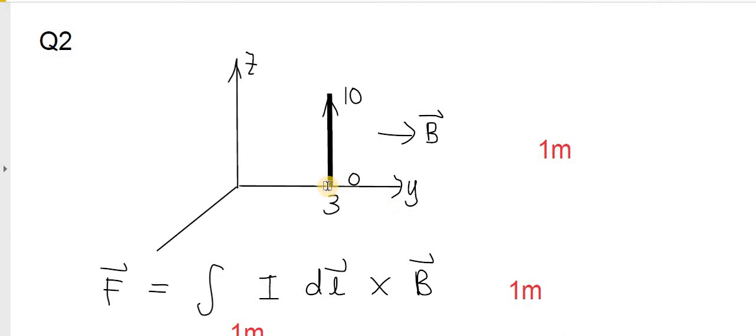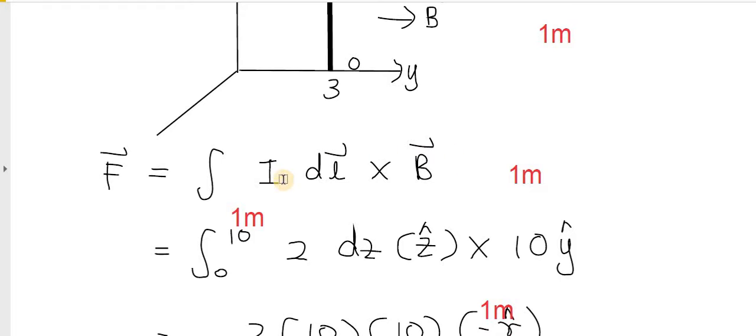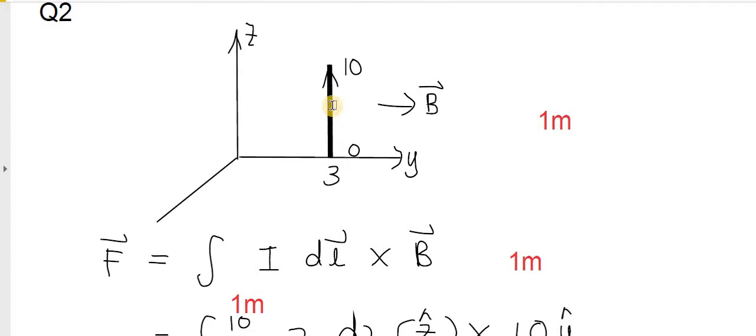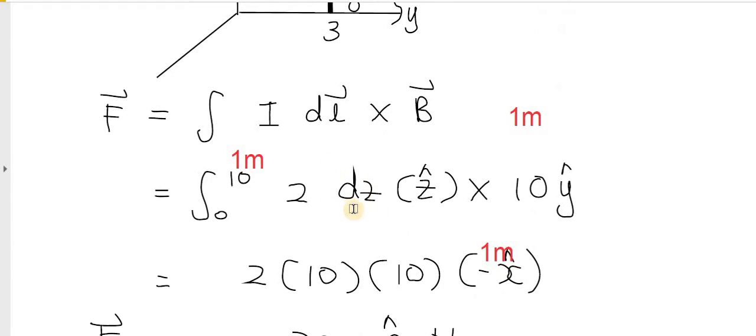It is from 0, 3, 0 up to 0, 3, 10. So the current filament flows in this direction, and the B is in the Y direction. So I has been given as 2 ampere. And DL represents the length of the current element, which is along the Z axis, in the Z direction. So here is dz.